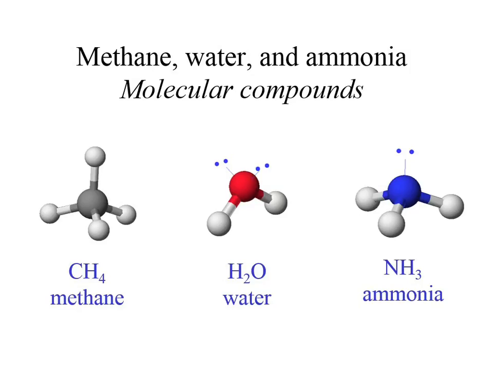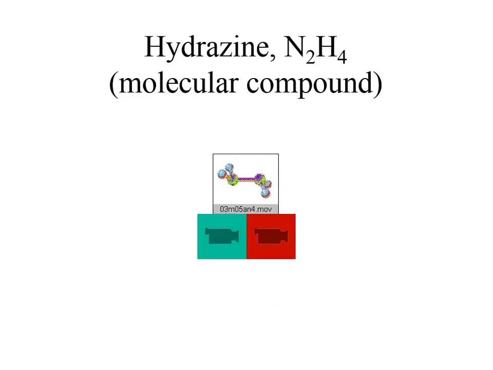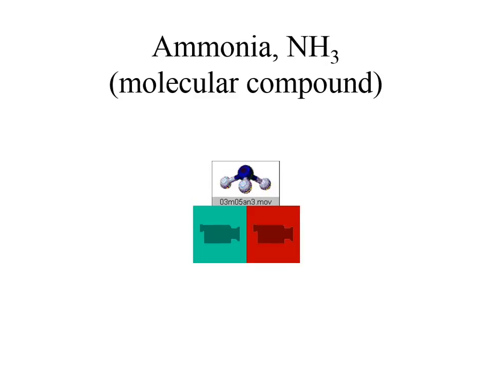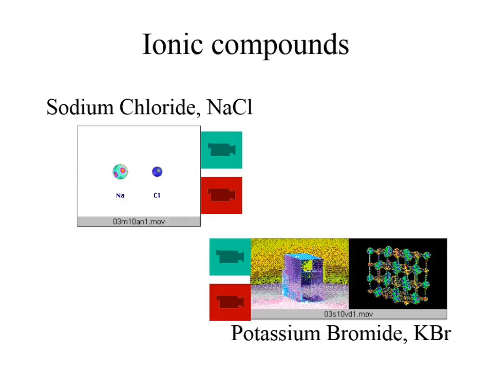The synonym for molecular compound is covalent. Covalent compounds, molecular compounds, they're the same thing. Okay, what else do we need to know? So hydrazine: nitrogen is a nonmetal, and hydrogen is also a nonmetal, so it must be a molecular compound. Ammonia, okay.